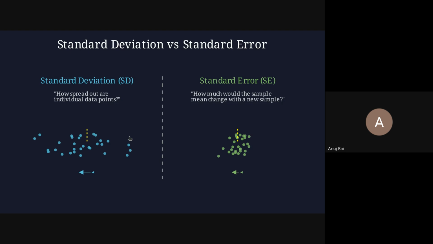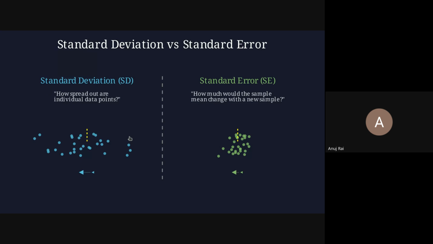So if you collected, let's say, a first sample of n equals 50 customers, and you calculated its average, that was something around, let's say, $20.